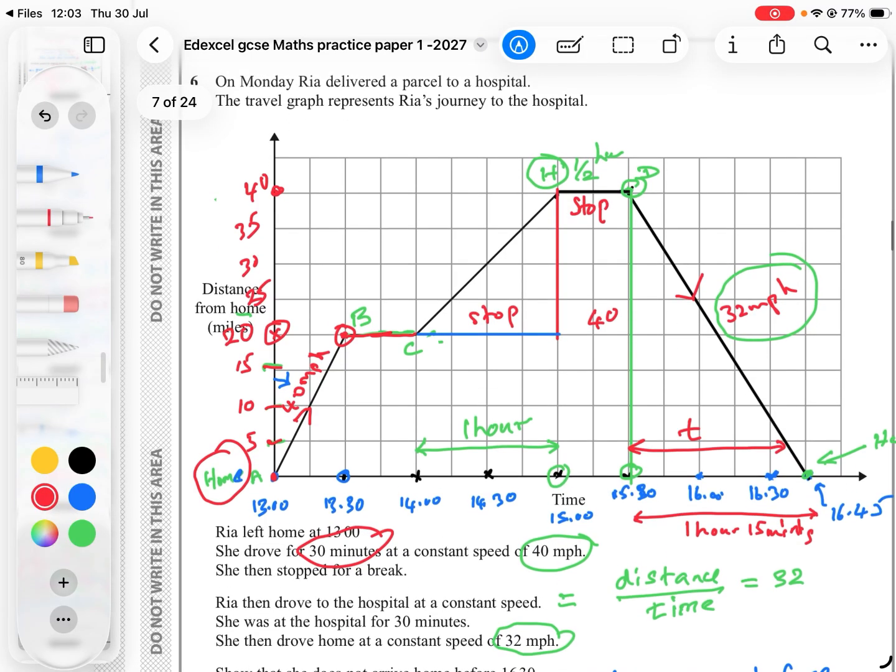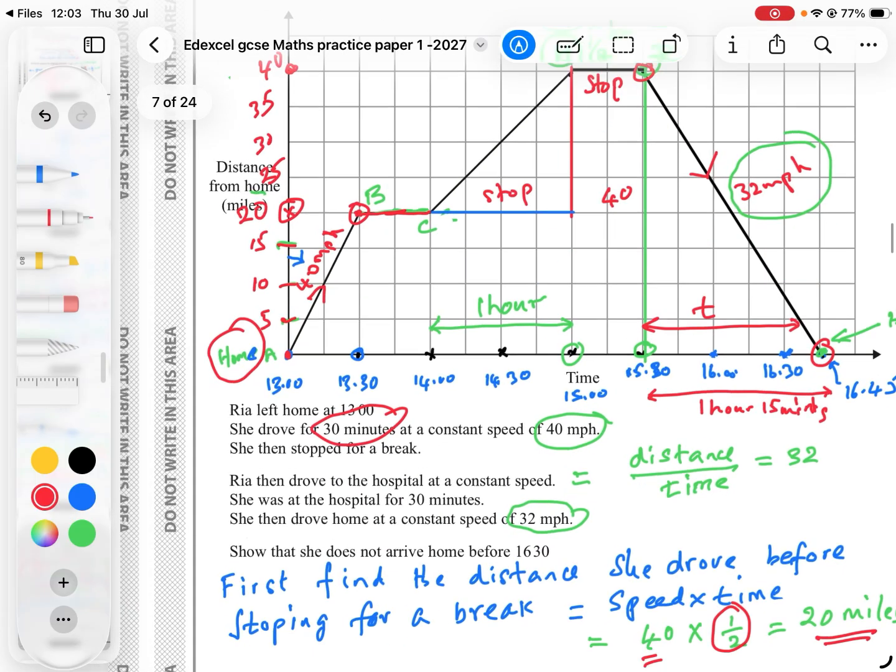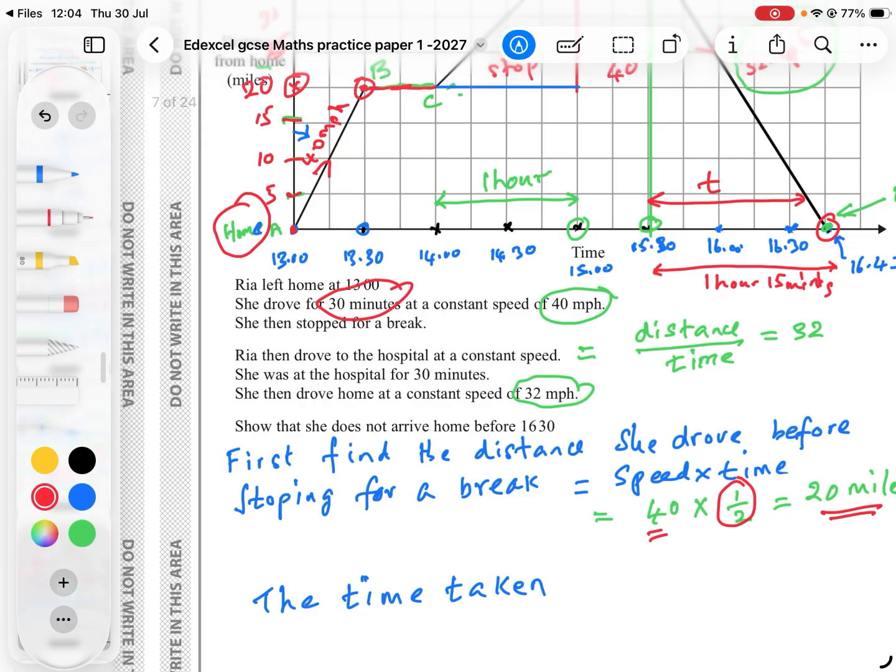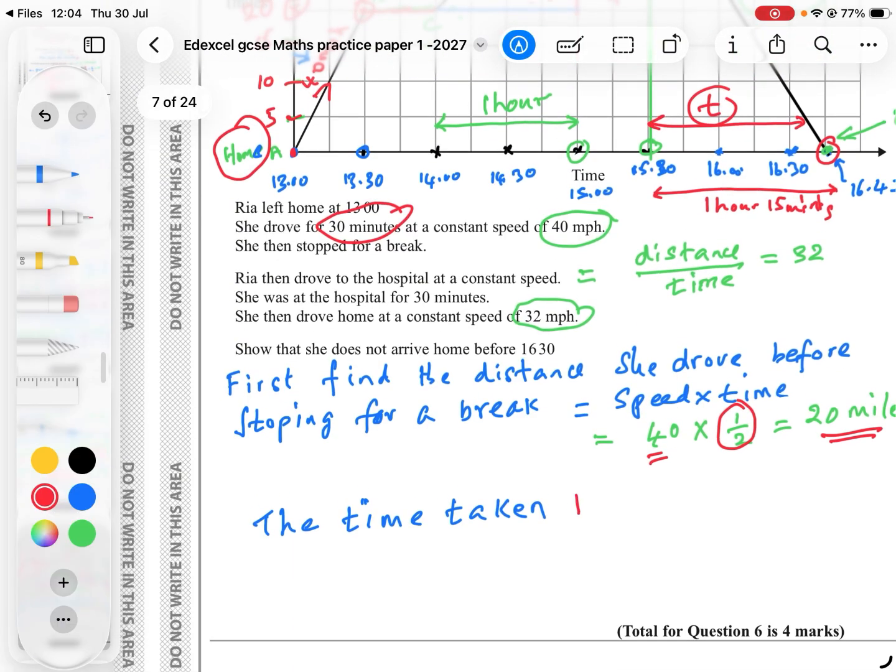Now she stopped, she was in the hospital half an hour, then she traveled back to her home. So we need to find the time taken to reach home.